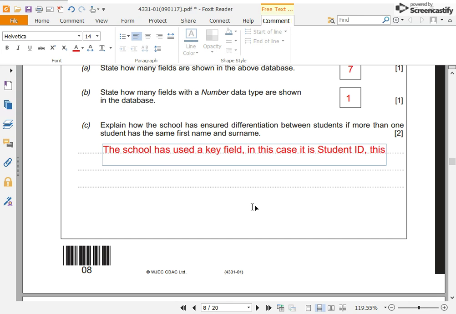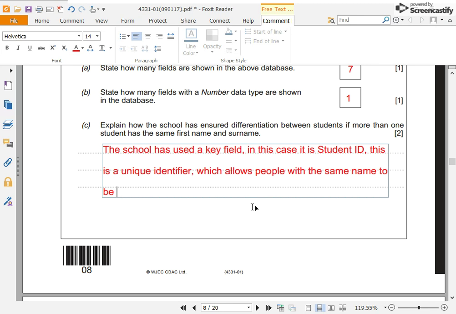This is a unique identifier which allows people with the same name to be differentiated.